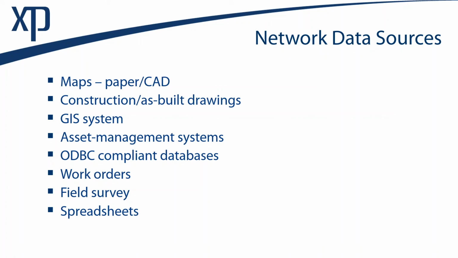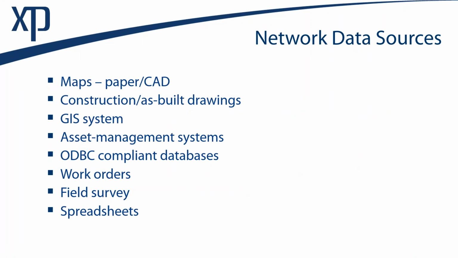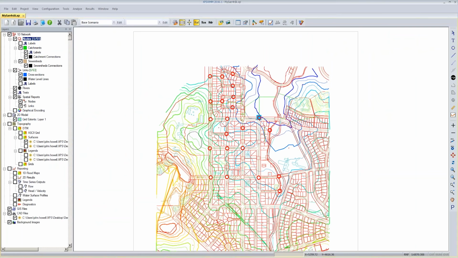It might come from a work order from the field or a field survey or in spreadsheets. So it's important, I think, that any software we're using for modeling have utilities for manipulating this data as we bring it in.